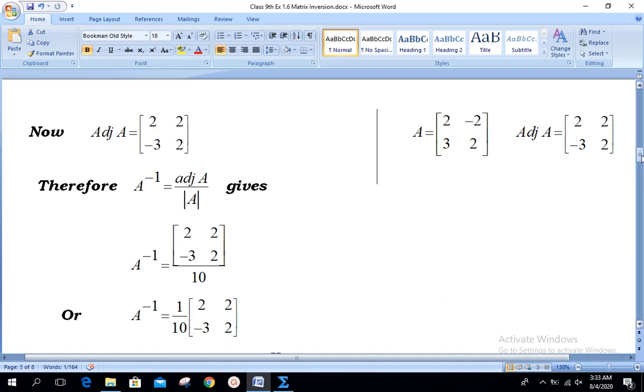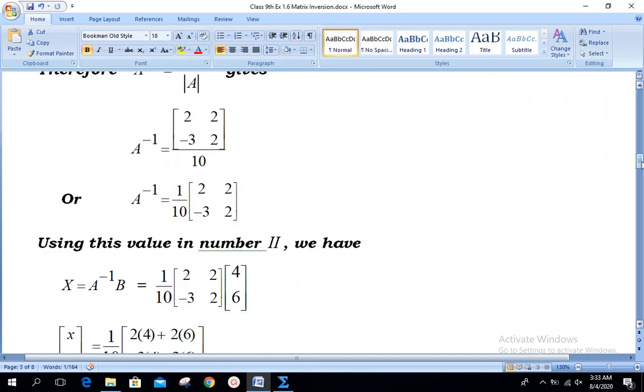Viewers, now we will use this value in equation number 2, that was x is equal to A inverse B. This was A inverse, just now we put it over here, and B, already we discussed in number 1, is a matrix of constants, that is 4, 6.